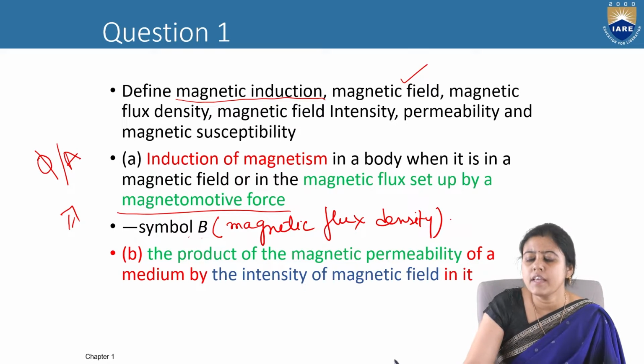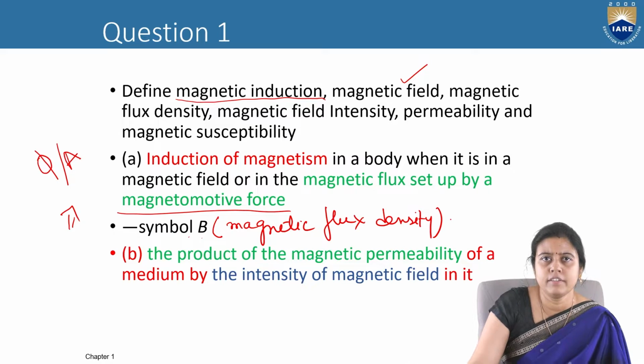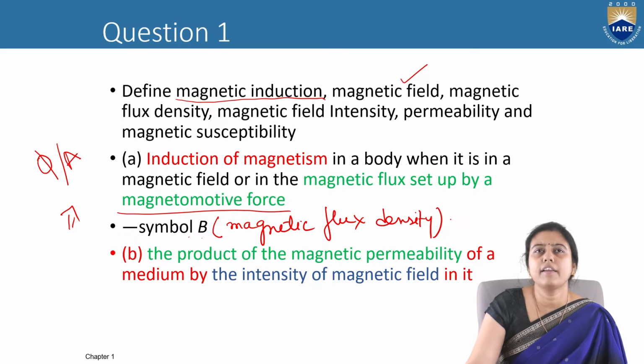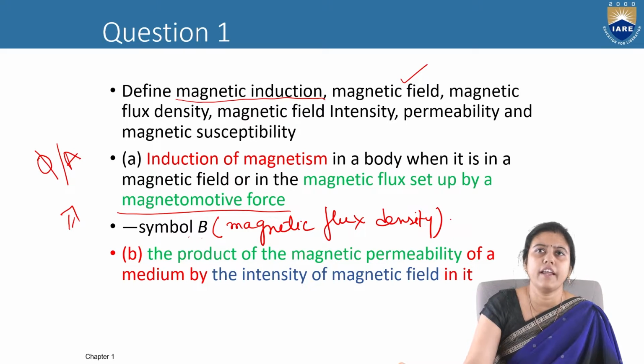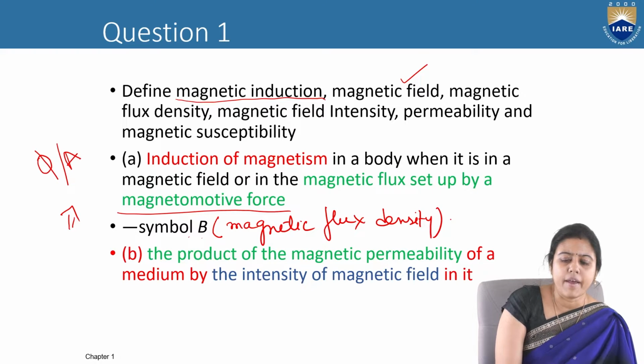If we keep one unit positive pole in a magnetic field, the path it will follow is known as the magnetic lines of force or magnetic flux, and magnetic flux per unit cross-sectional area is known as the magnetic field.